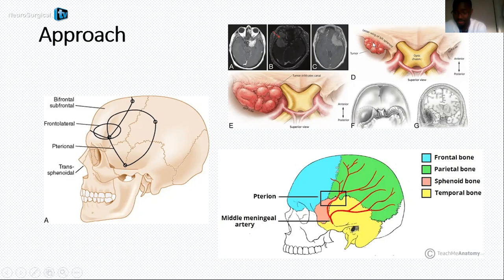And like you can see here, sometimes the middle meningeal artery, when you have an extradural or epidural hematoma, and when you have to do a decompressive craniectomy, you have to locate this pterion and put your keyhole, the first hole of trepanation here.